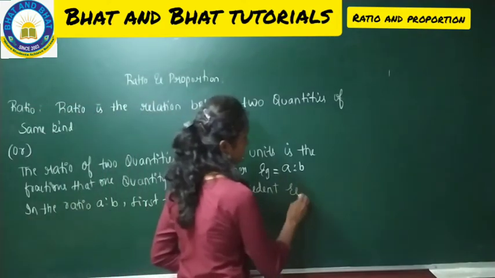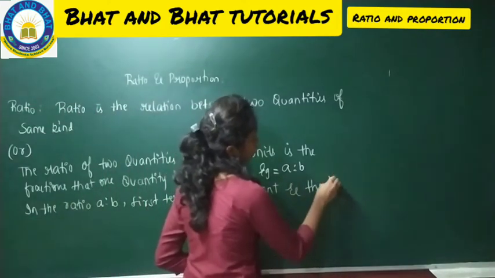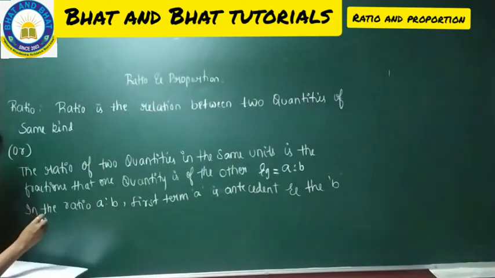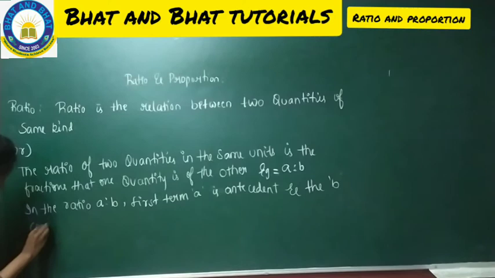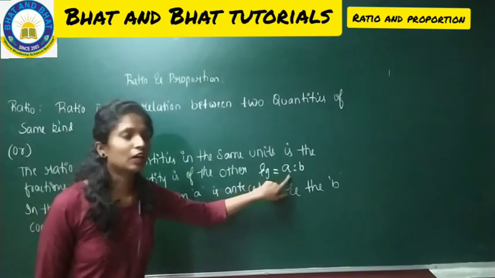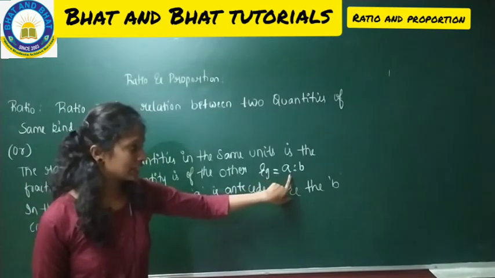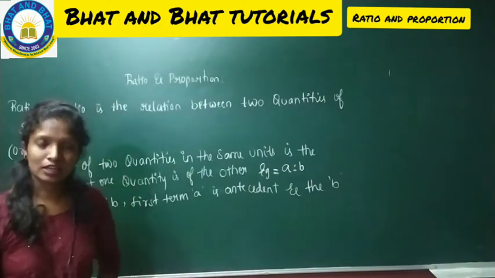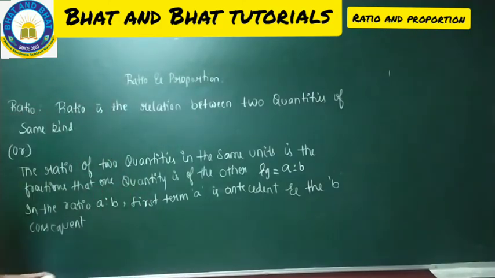The second term, that is B, is called the consequent. So what is the antecedent? The first term in the ratio, we call it the antecedent. The second term in the ratio, we call it the consequent. Make a note. Fine, hope you all copied this.